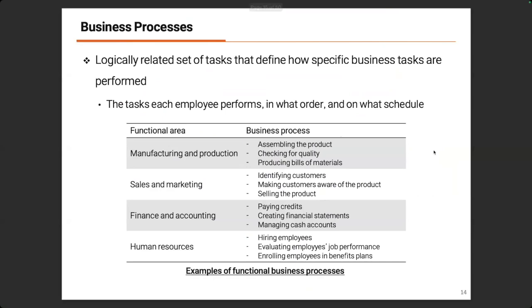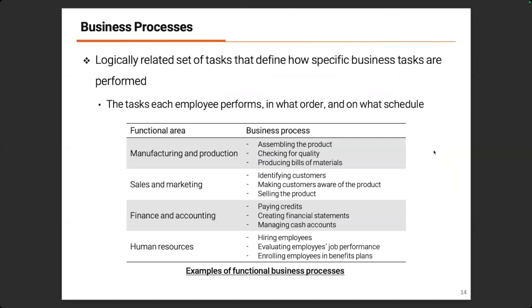Okay, then we can move to the business processes part. Business processes are defined as a logically related set of tasks that define how specific business tasks are performed. It is about the tasks each employee performs, in what order and on what schedule. For example, how will customer orders be fulfilled, or how will vendor bills be paid?